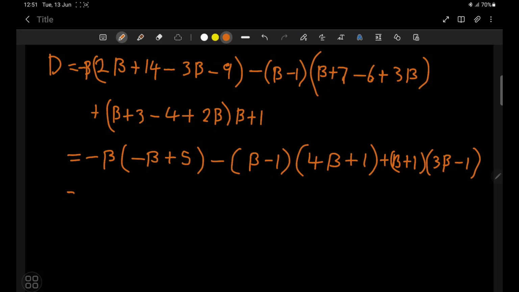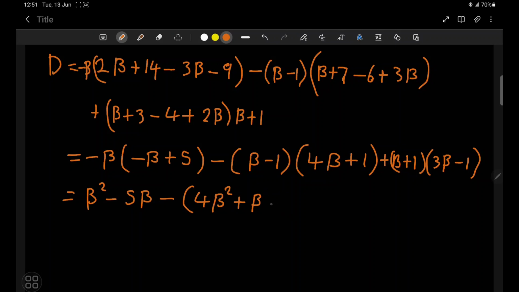Then we can do the expansions. Negative beta times negative beta will have beta squared. And then negative beta by 5 will have negative 5 beta. We proceed. We'll maintain the negative outside for now. Beta times 4 beta will have 4 beta squared. And beta by 1 will have just positive beta.